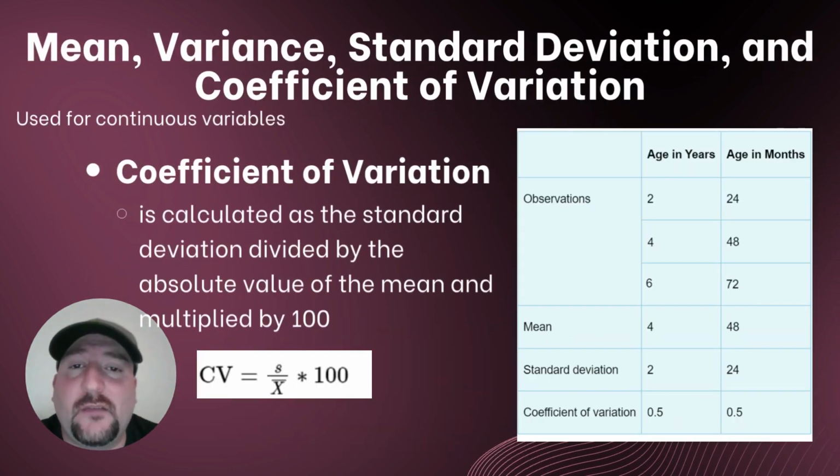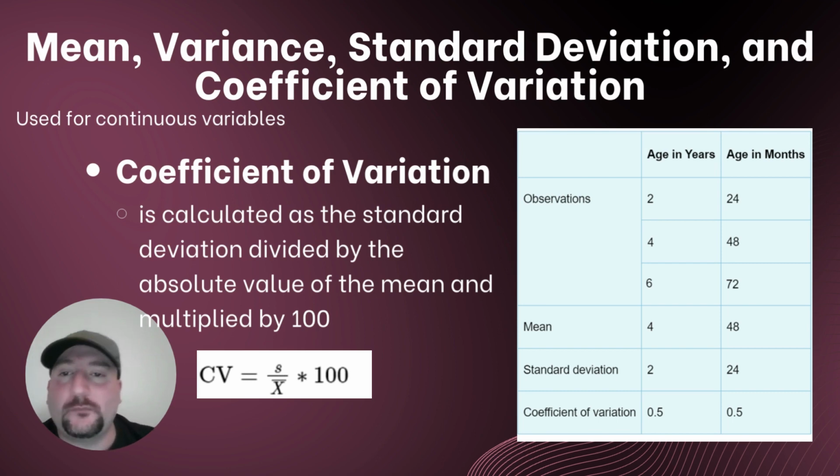Coefficient of variation. The coefficient of variation, or CV, is calculated as the standard deviation divided by the absolute value of the mean and multiplied by 100. It tells us how much variation there is in a variable relative to its mean. The table shows the standard deviation for an age variable measured both in years and in total months.